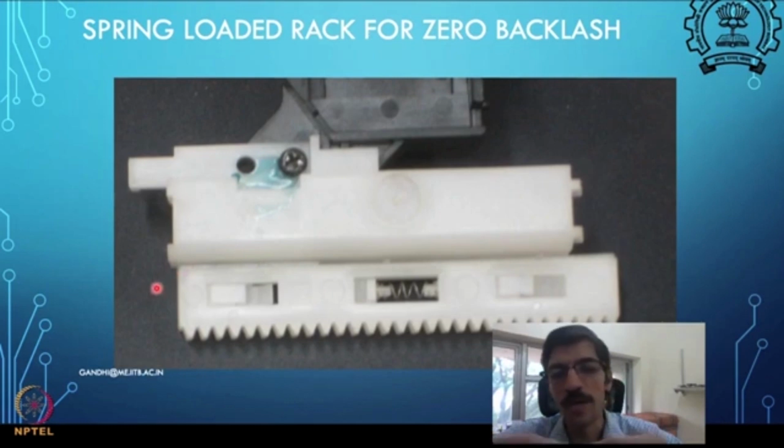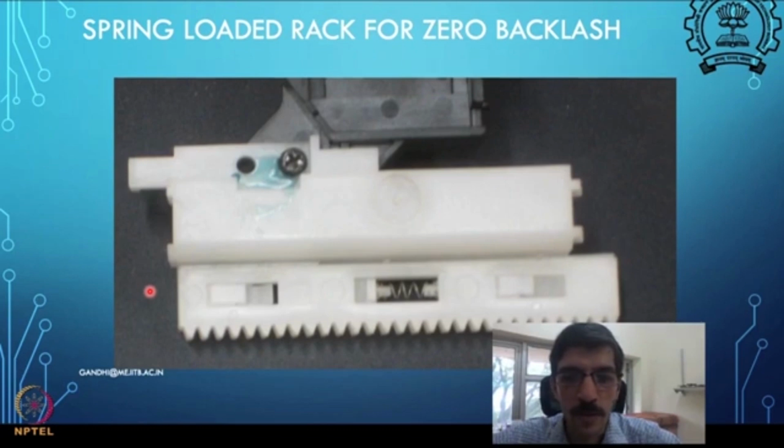One rack is pushing on the pinion tooth on one side, and the other rack is pushing on the pinion tooth on the other side of the gap. So you'll find this arrangement works for preventing the backlash. So you move the pinion in either direction, you have a contact happening with the rack on one side with the lower rack and on the other side with the upper rack, say for example.